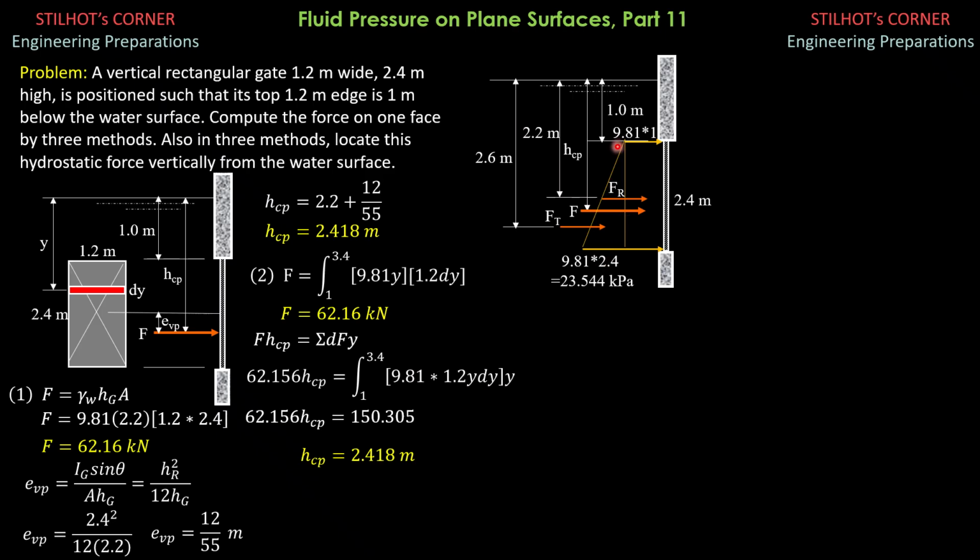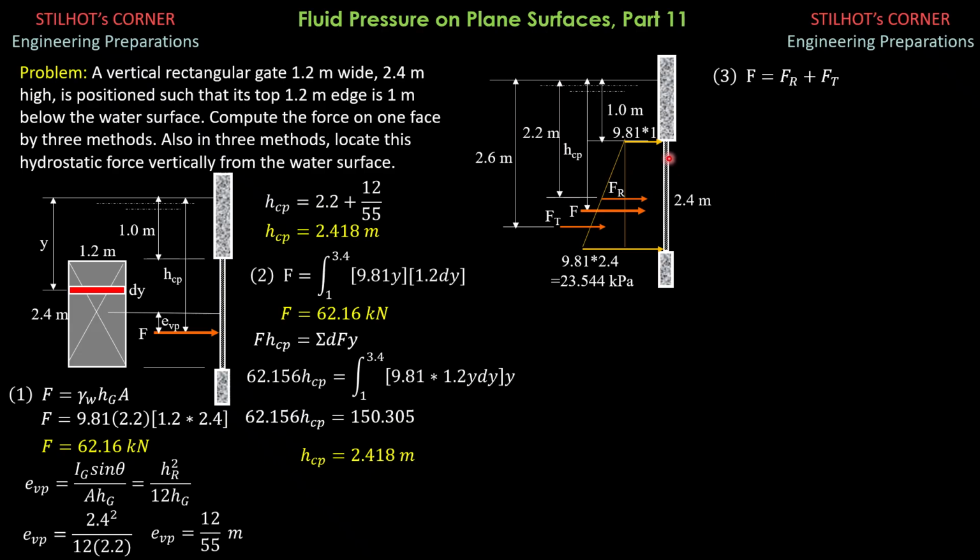By the way, for the base of this triangular pressure diagram, I will not include 9.81 times 1, which is 9.81 also, because it is part of the rectangular pressure diagram. For the triangular pressure diagram, it is 9.81 times 2.4, so it is 23.544 kilopascals. So F is equal to F_R plus F triangle.